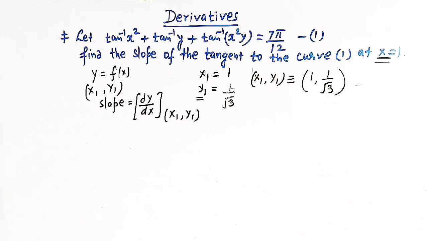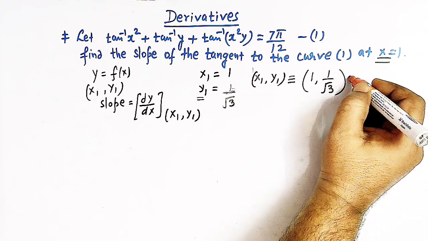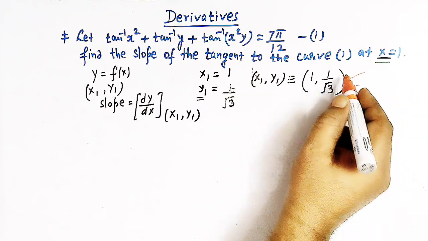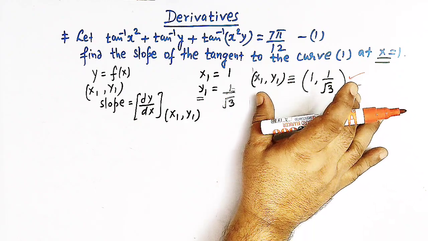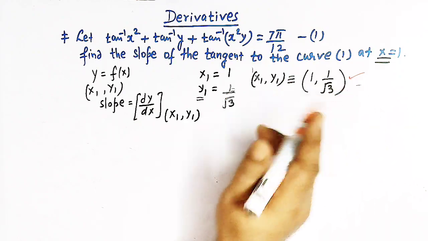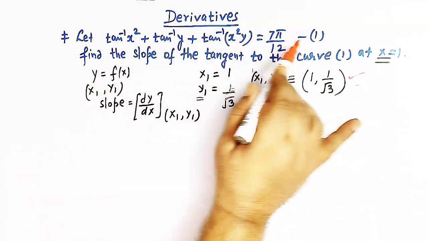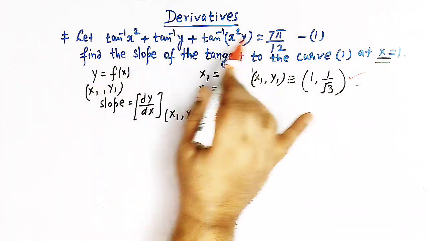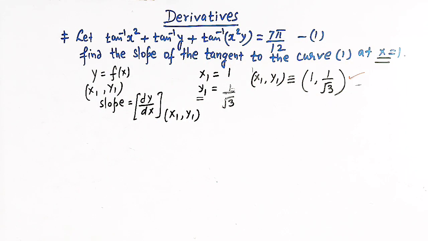So now we have obtained the coordinates of the point where the slope of the tangent is to be calculated. Now let us differentiate equation 1 on both sides with respect to x.